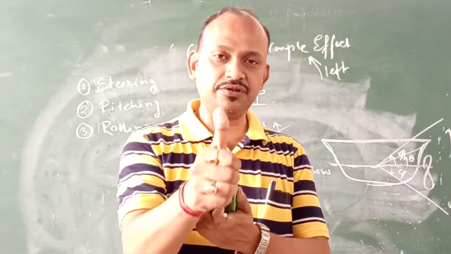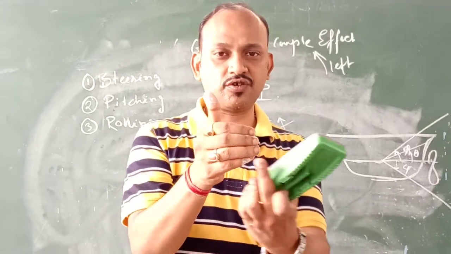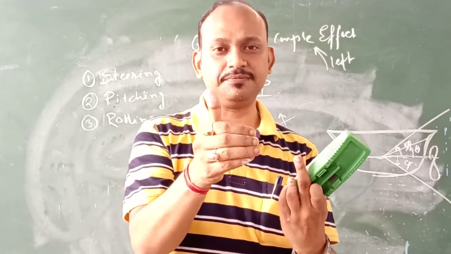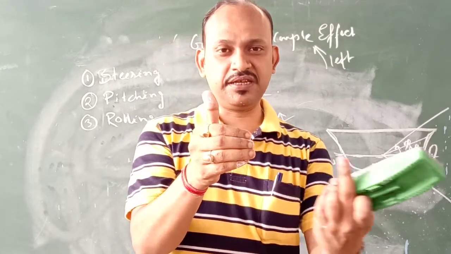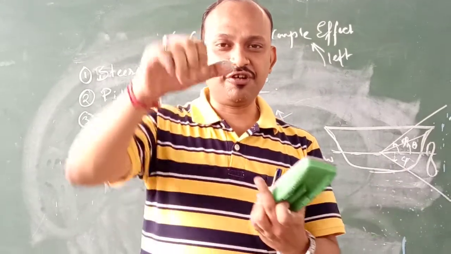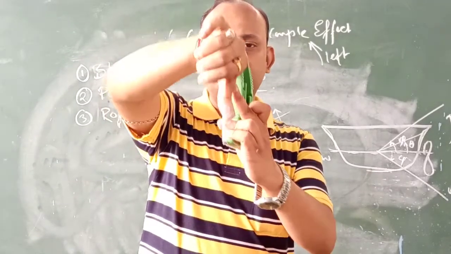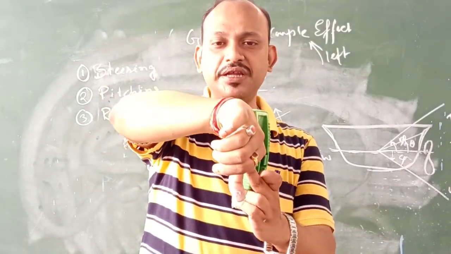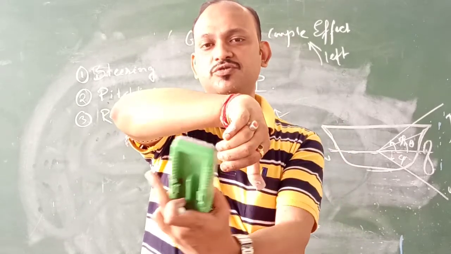So this is your active gyroscopic couple. You can see the sense of the active gyroscopic couple is in the right direction. So in order to neutralize this, we need to apply the reactive gyroscopic couple that will be applied in the downward direction. And the direction of the reactive gyroscopic couple is towards the right.